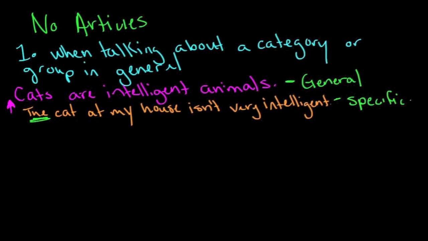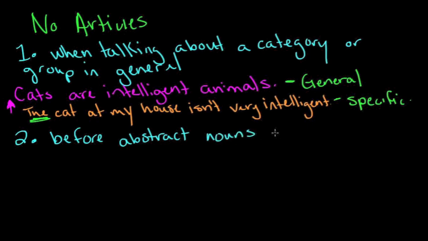The second reason, let's take a look here. Reason number 2, when we use no article, is before abstract nouns, or ideas, like feelings. Let me give you a couple examples here.